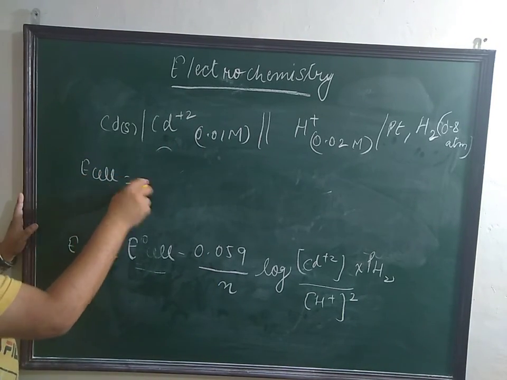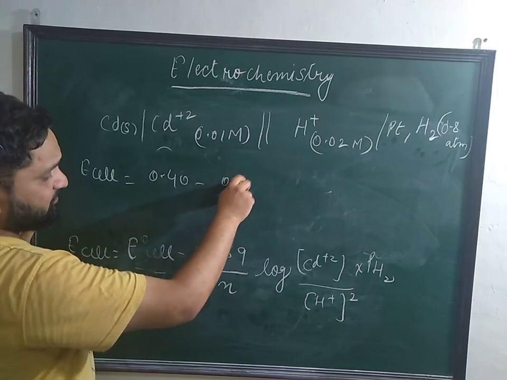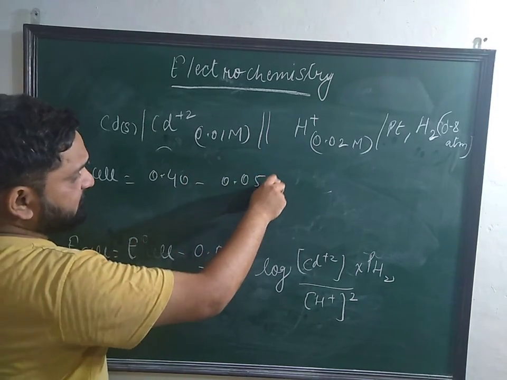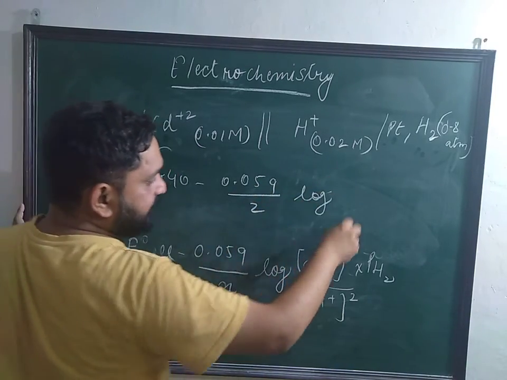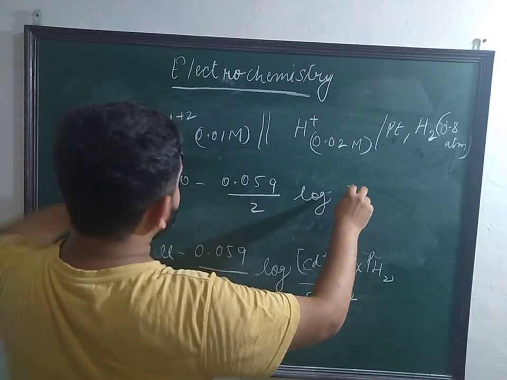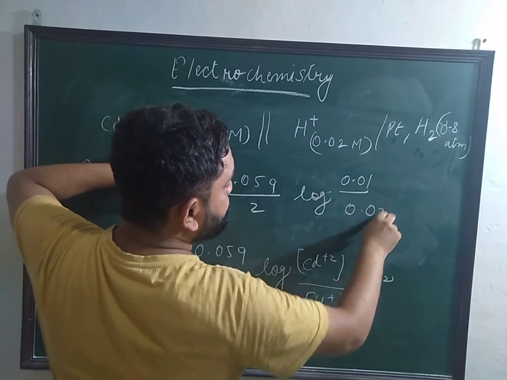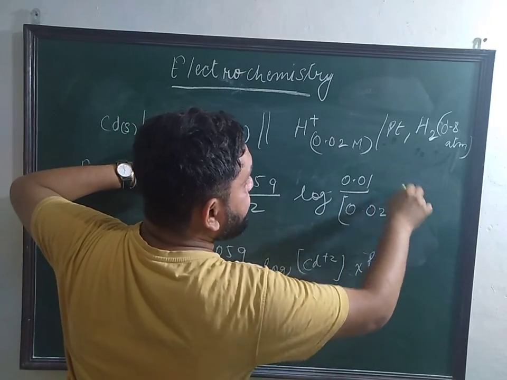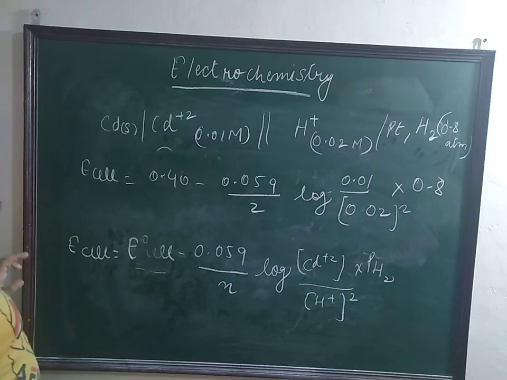E cell is equal to E naught cell, which we have calculated, that is 0.40, minus 0.059 upon n log of the concentration of cadmium 2 positive, 0.01, and here is 0.02 square into 0.8.